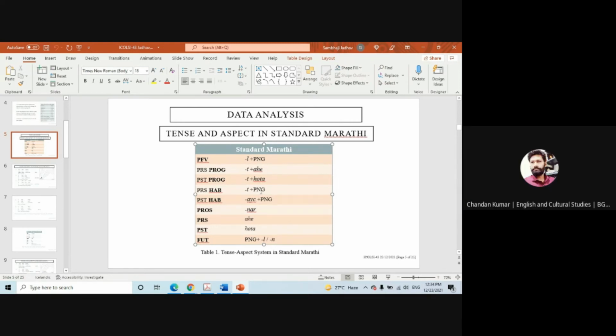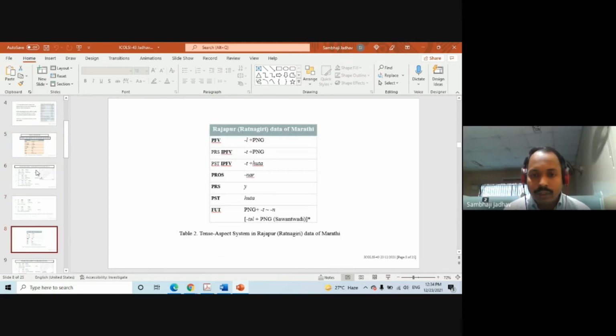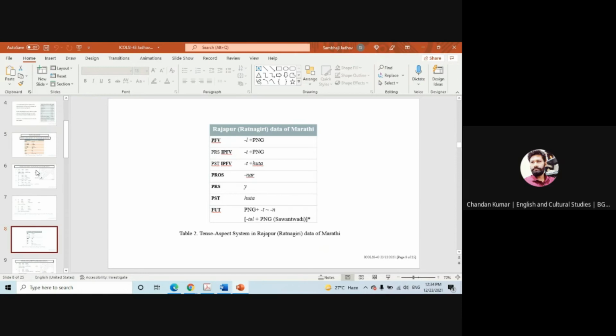All right. I think in one of the examples that you have shown, both progressive and habitual are coming in the same construction. This is the other variety, the Rajapur variety. Okay, fine. The second question is that in most of the varieties, for present progressive and past progressive, an alternative marker is ta plus ahe and ta plus hota.